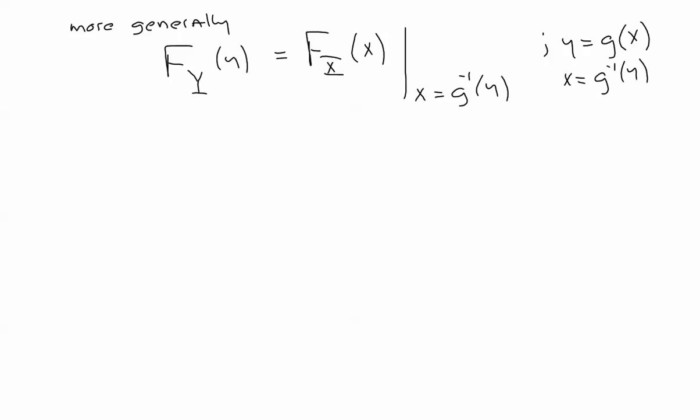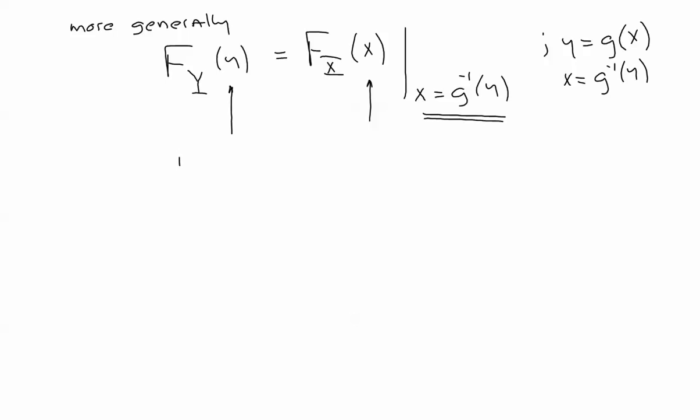Why do I need to be really careful about this? I'm looking for a cumulative distribution function for random variable y, and it must be a function of little y. My cumulative distribution function for x is a function of x. I need a function in y. I can make it a function in y if I everywhere substitute x equals g inverse of y.